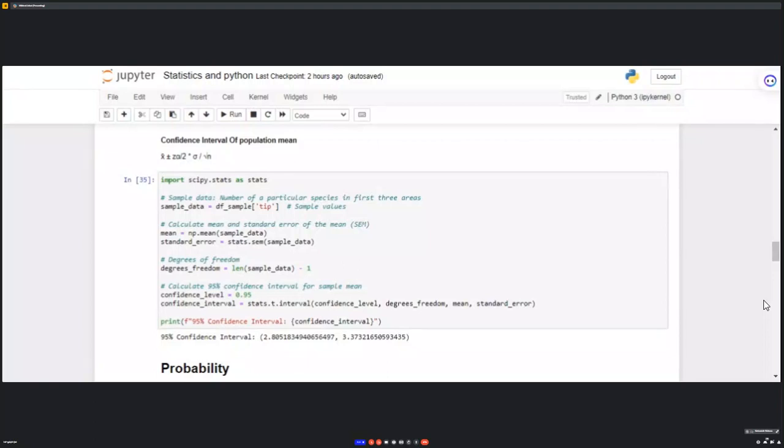For example, if we say that we are 95% confident, then we take 95 divided by 100, which is 0.95, if I'm not wrong. Then we take 1 minus that to get that alpha, the thing that is over 2. You see there's something there and then 2 below it. To get that variable, we take 1 minus the confidence level.